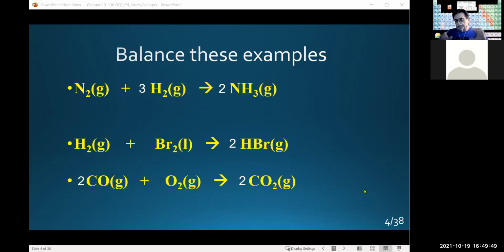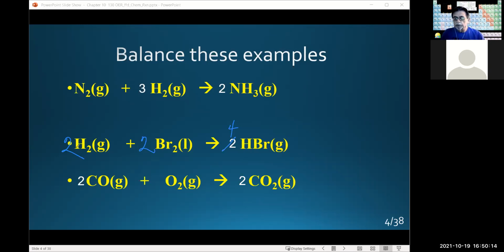Unfortunately, there isn't a little technique for these types, but essentially just use coefficients and basically it ends up being trial and error. Now, if, for example, you do that and you end up with these numbers, maybe you end up with 4, 2, and 2. Okay, it is a balanced chemical equation. It really is.